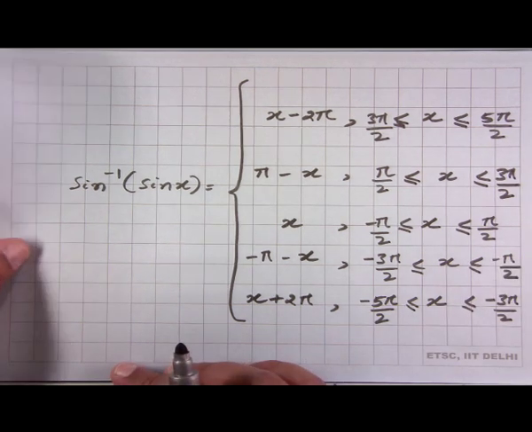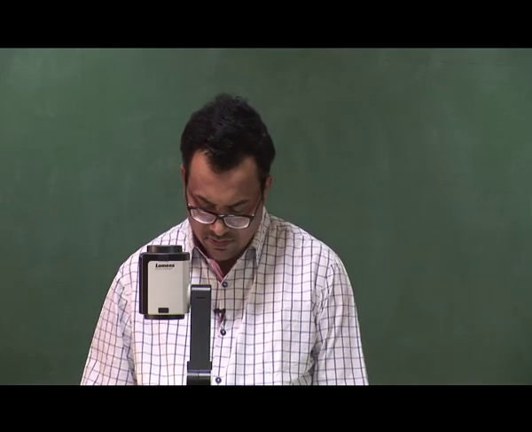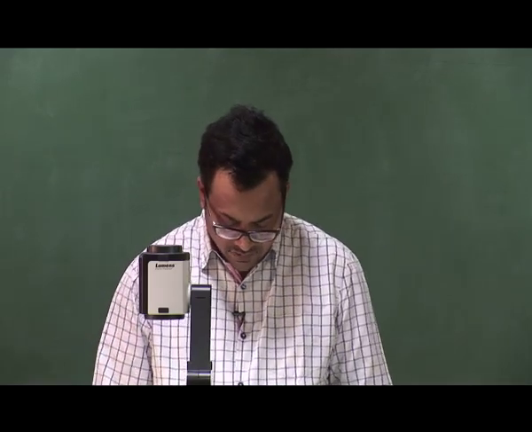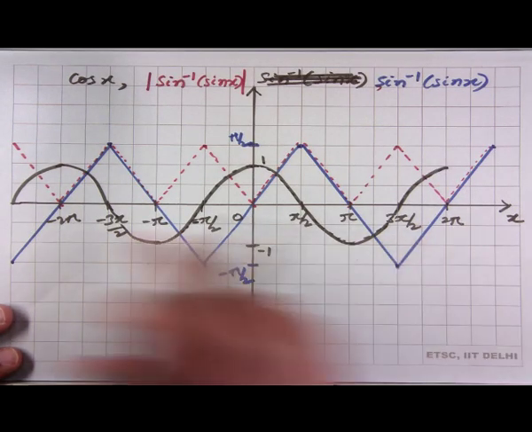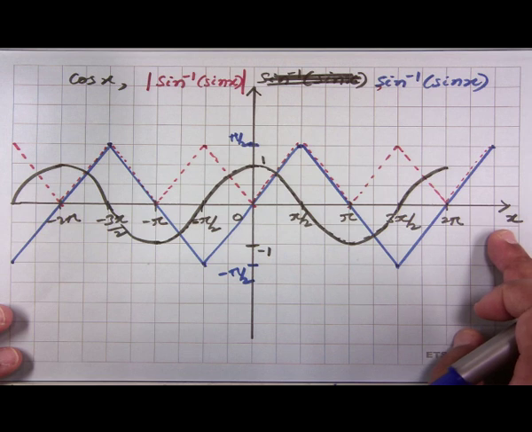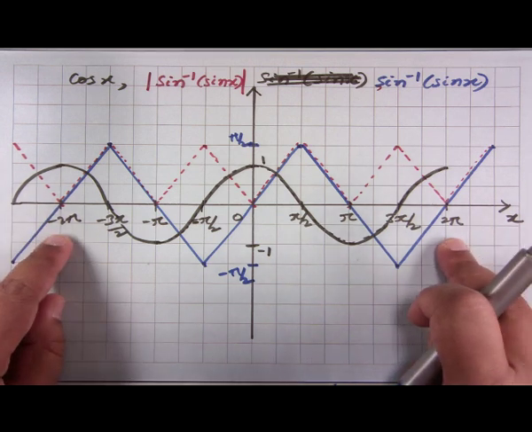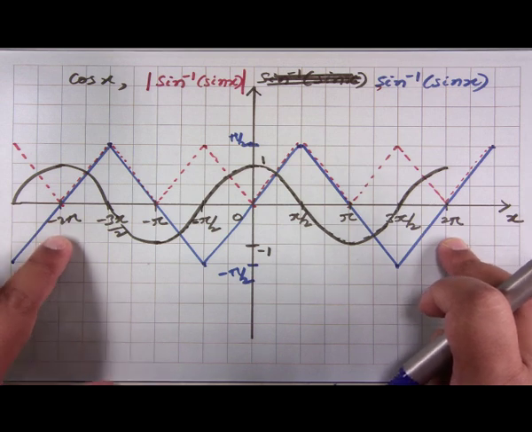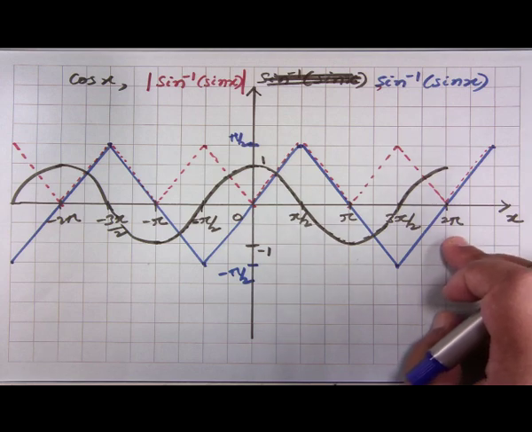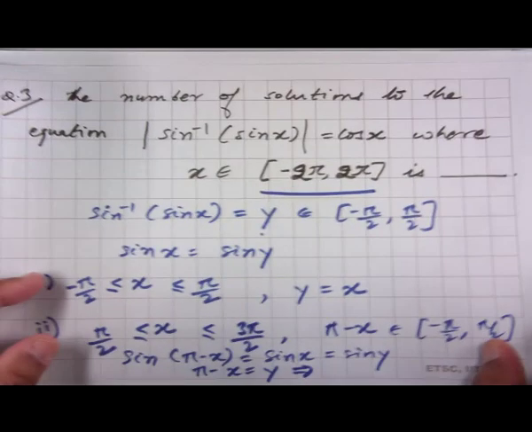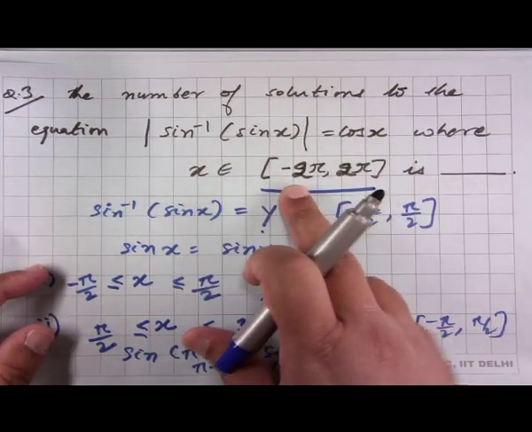And then we plot this, so we have three different curves in the same plot. The horizontal axis is representing x, and we have to limit ourselves to the interval minus 2 pi to plus 2 pi, and that is because it was asked in the question how many solutions there are to this equation for x restricted to this interval.